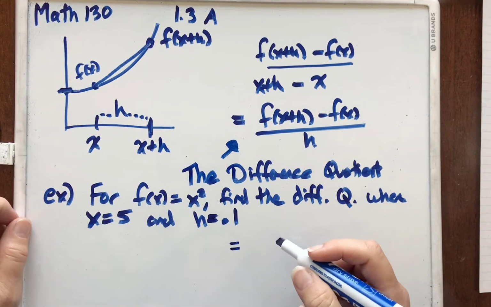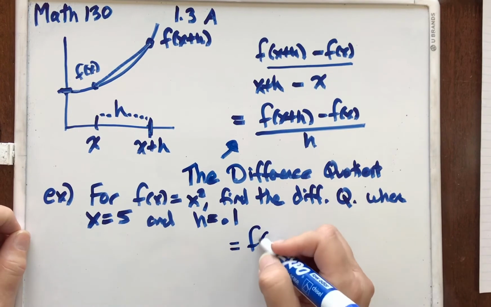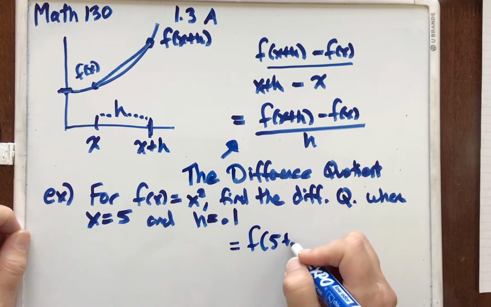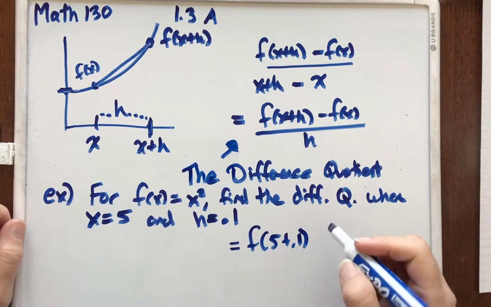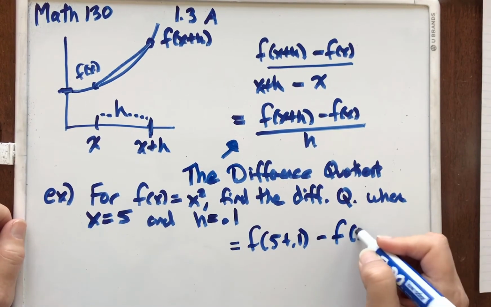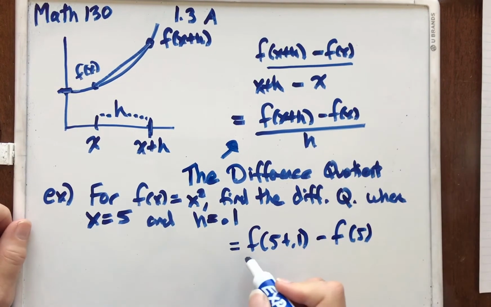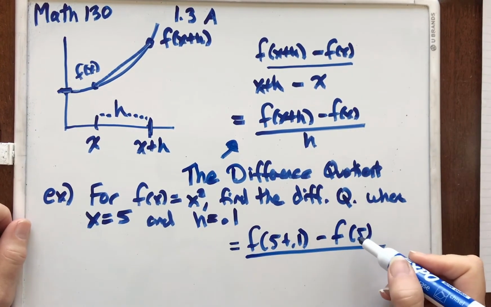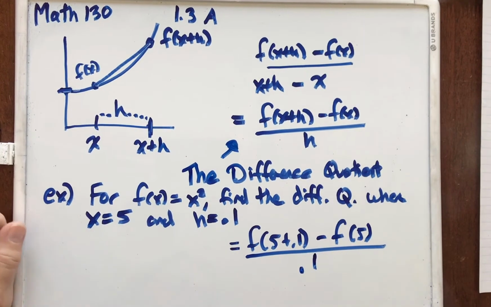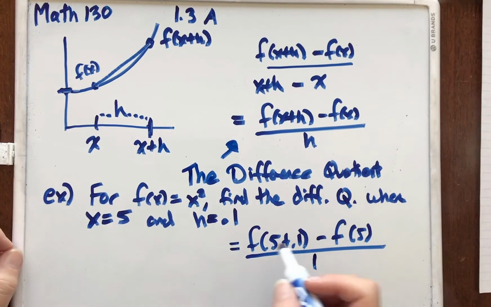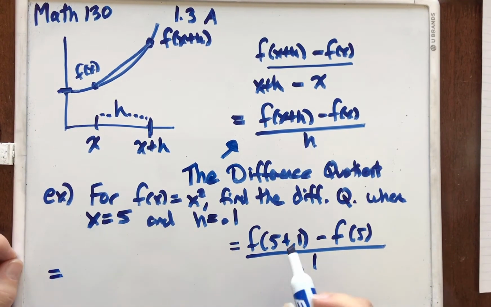Okay, so we're going to go ahead and write f of 5 plus 0.1. That's x plus h, minus f of 5, that's f of x, where x is 5, over h, and h is 0.1. Okay, now if we were to actually evaluate this, this would be 5.1.